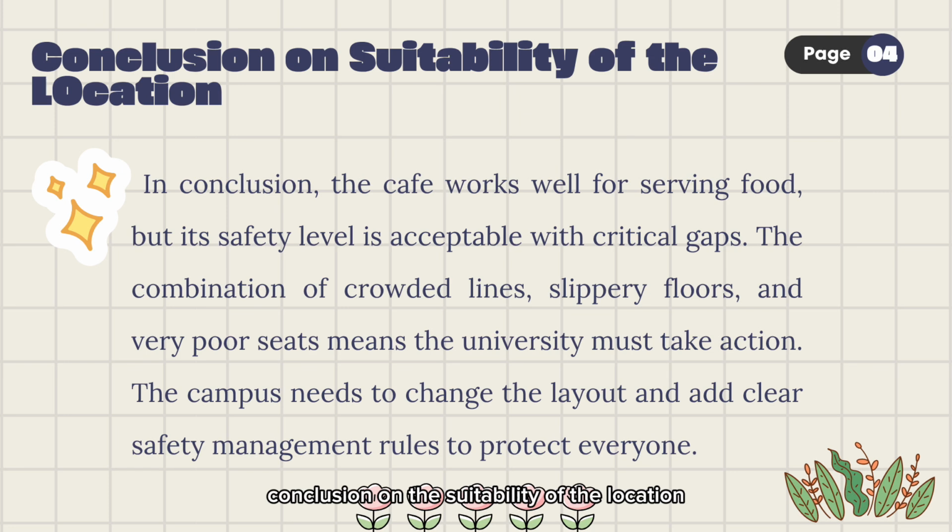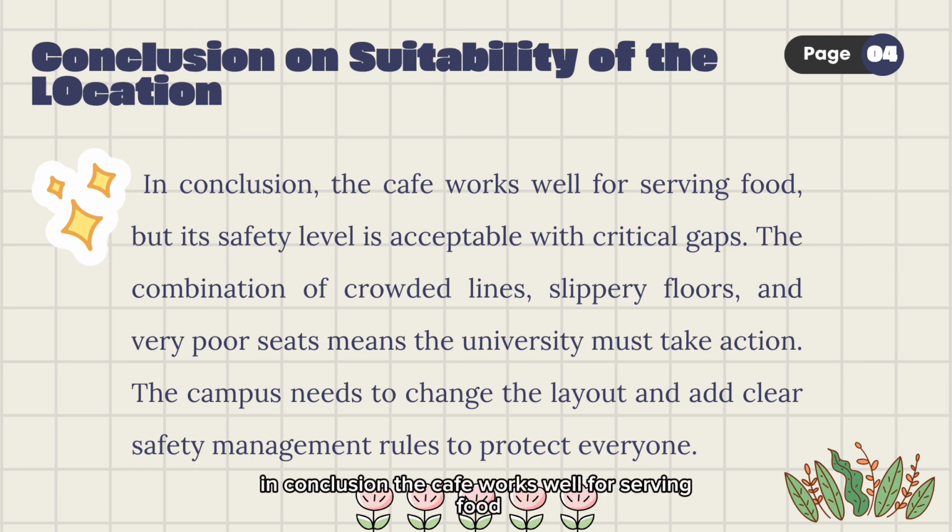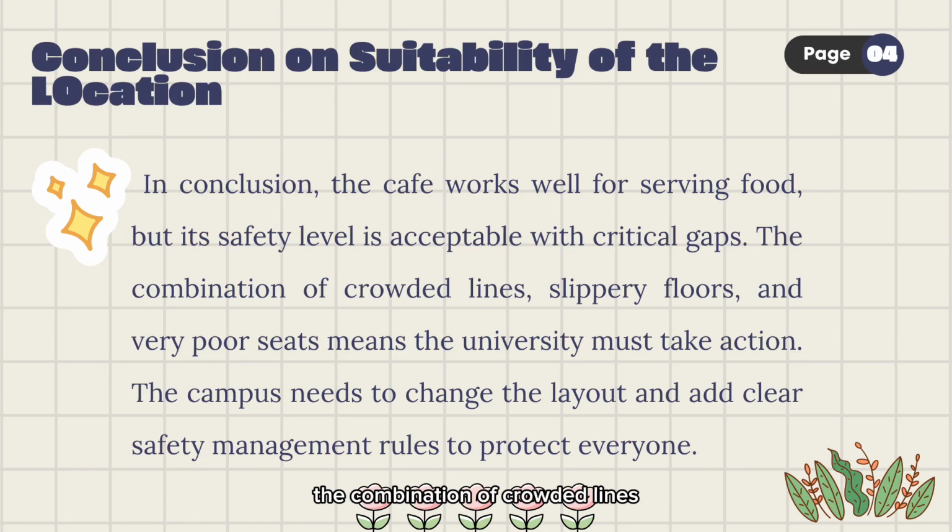Conclusion on the suitability of the location. In conclusion, the cafe works well for serving food, but its safety level is unacceptable, with critical gaps. The combination of crowded lines, slippery floors, and very poor seats means that the university must take action.